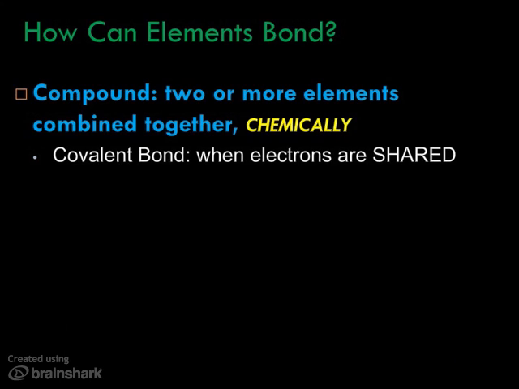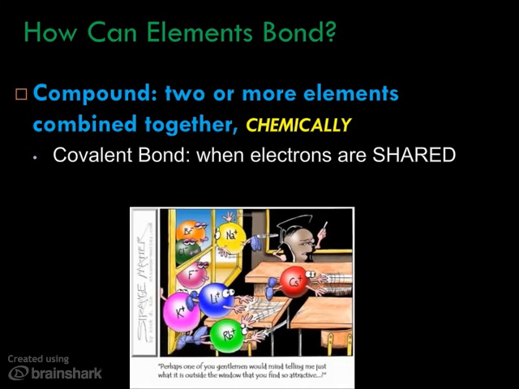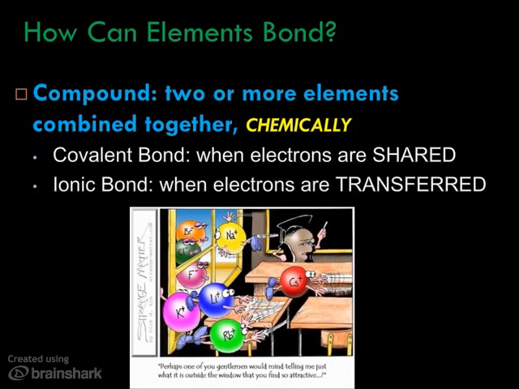The other type of bonding is called ionic bonding. And this happens when certain atoms that have 1 or 2 electrons in their outermost shell give them up or transfer them to another atom that needs only 1 or 2 to complete their outermost shell. Remember from your vocabulary that an ion is a charged particle, positive or negative.